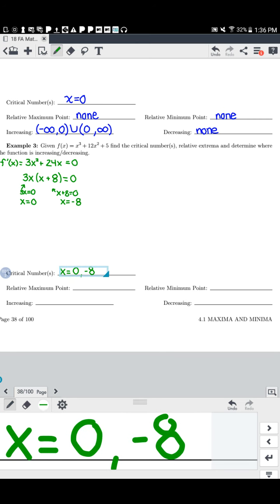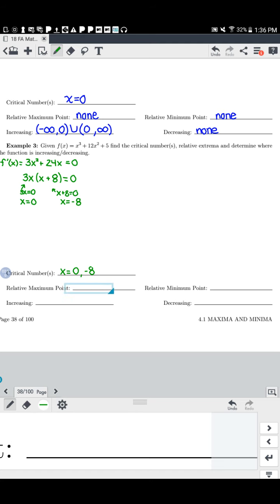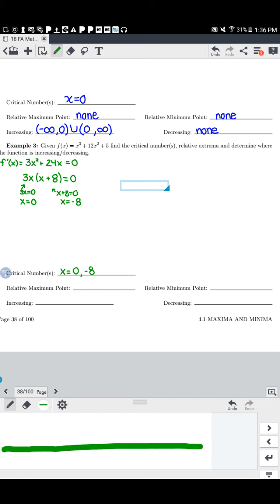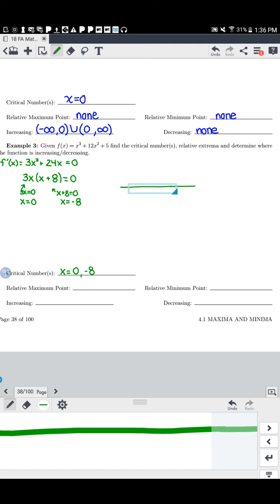These are the only numbers that could be a relative extrema, and they're the only numbers where we're going to switch from increasing and decreasing. So they're the only x values that can be in either of our following answers. And to figure out what our answers are, we're going to have to make our sign chart. And I'm going to label my two important numbers on here. My critical numbers. The first one is actually negative 8.